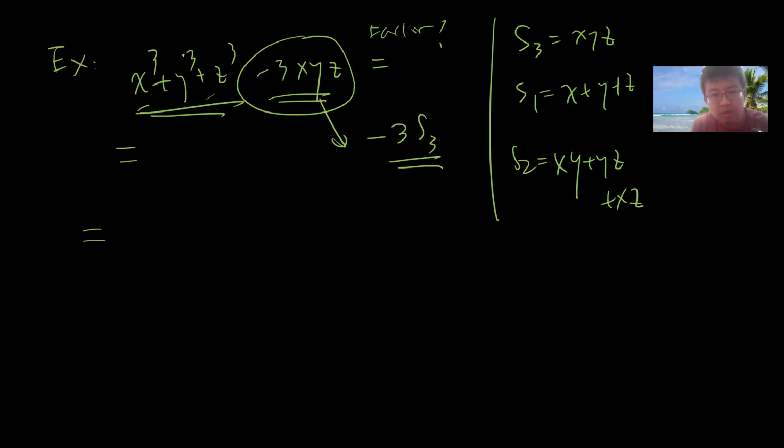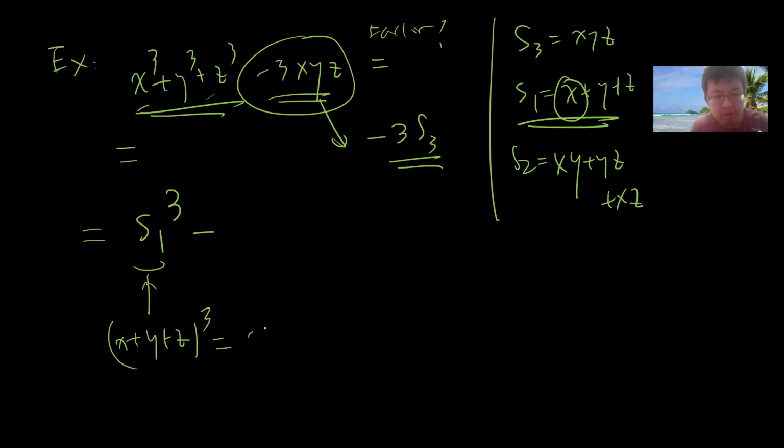How about this? The problem is that we need to find a way, right? So what is the possible contribution? One simplest should be S1 cube. Okay? Because S1 cube should contain the cubes. And what is the remaining term? If you just do the expansion, you get x cube, y cube, z cube, and also other terms, right?